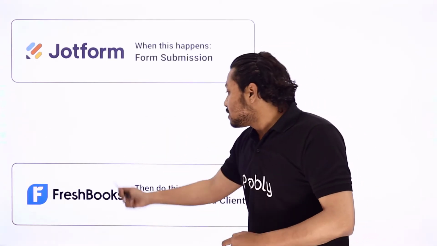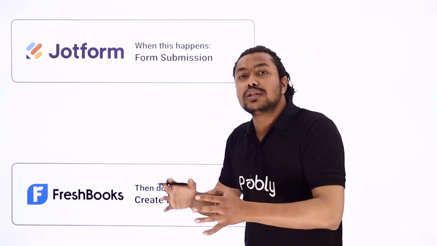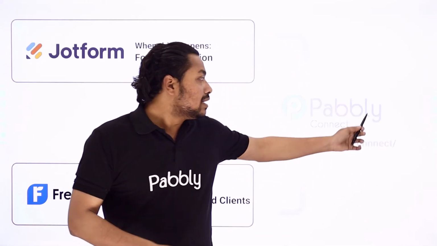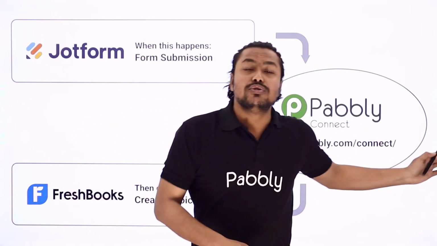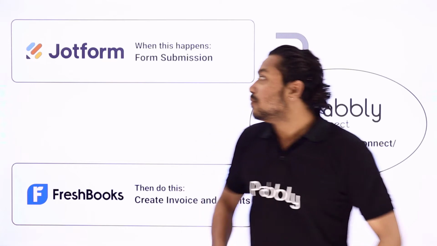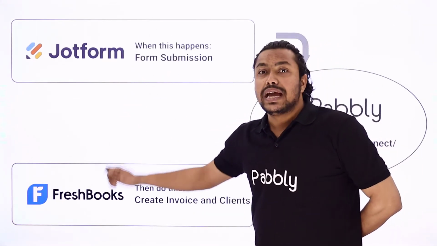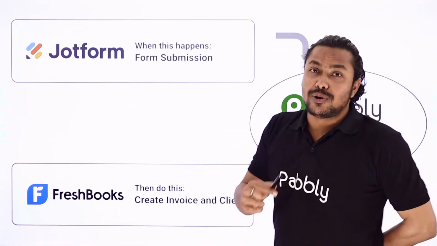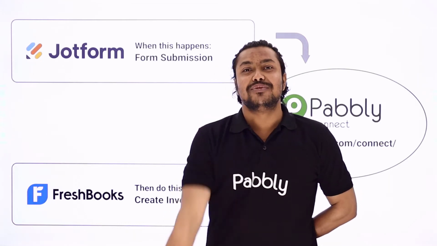Otherwise, the customer and the invoice both will be created in that case. Okay. Now, how are we going to do that? For that, we are going to use an automation and integration service, Pabbly Connect, which will help you connect your Jotform and Freshbooks together. Now, to learn that, you have to come with me to the screen.